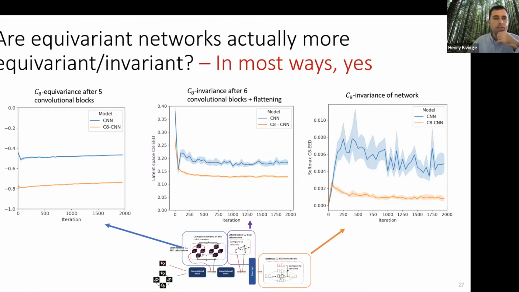The C8 CNN is not learning any, and the CNN is not learning really any at all, except for some small drop at the beginning. So it's somehow learning to be invariant in a way that's very different than our hard-coded method, and it would be interesting to understand that. It seems that the learned invariance sort of catches up at the end a little bit, but if you really care about invariance, you should use the equivariant architectures to achieve this.